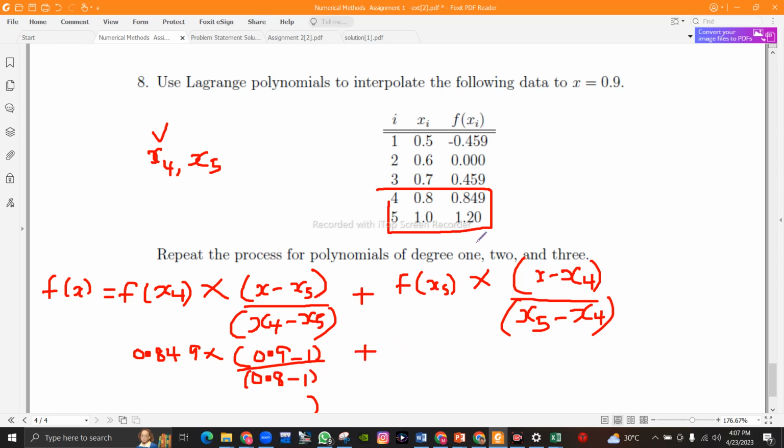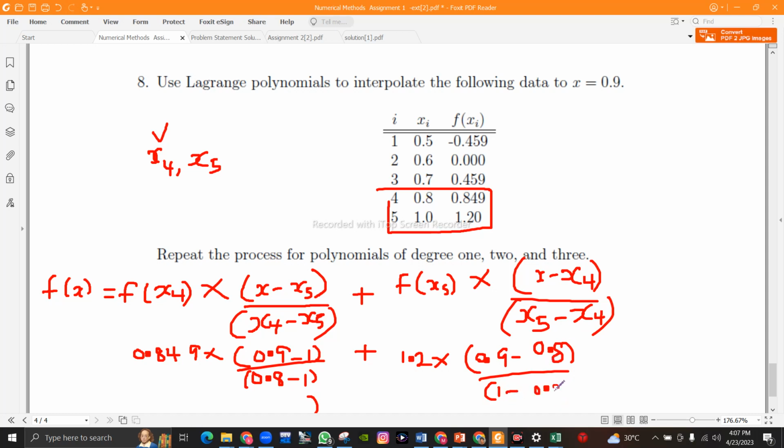What's f of x5? 1.2, times x, which is 0.9, minus x4, which is 0.8, divided by x5, which is 1, minus x4, which is 0.8.